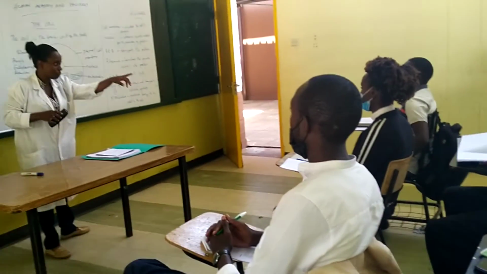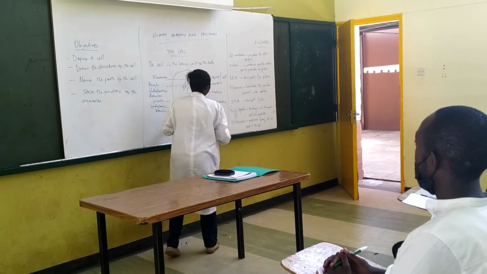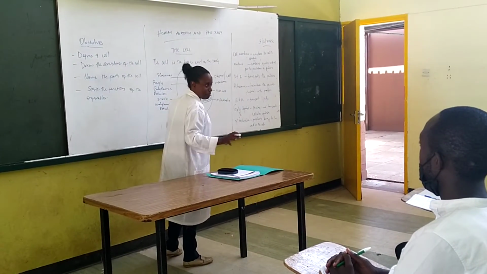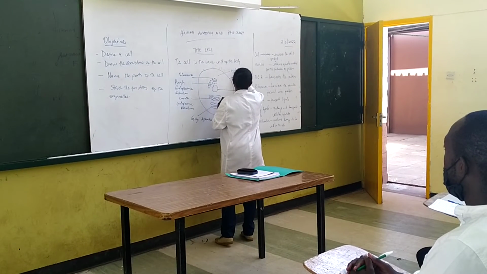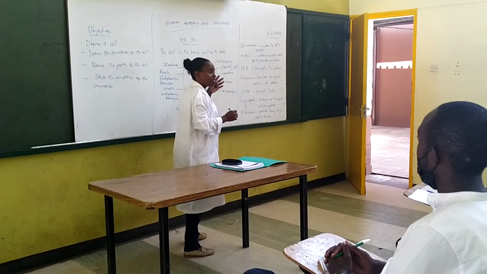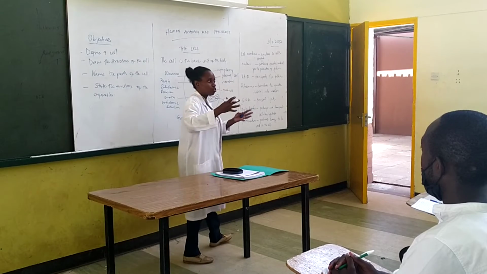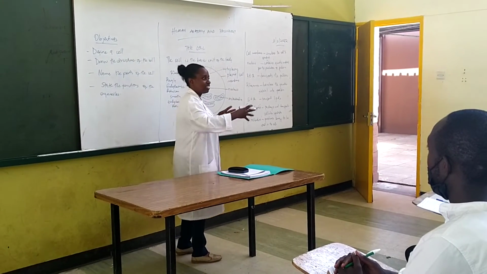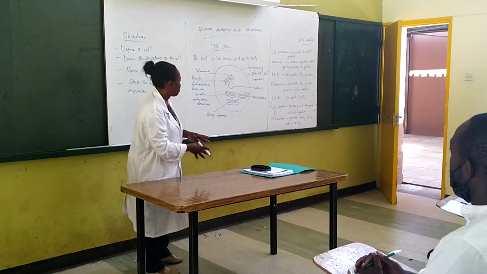Oh, the space. That's a very good question, Ezra. This space may look empty, but it is not empty. This is the cytoplasm. And the cytoplasm is very important because this is the fluid that ensures the movement of all these organelles inside the cell.